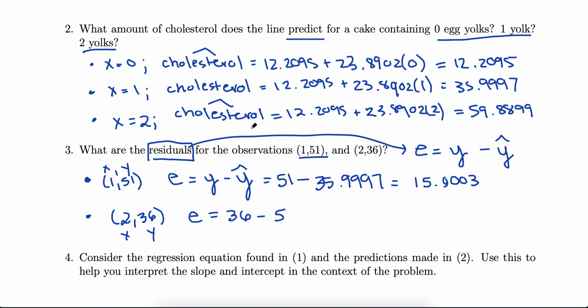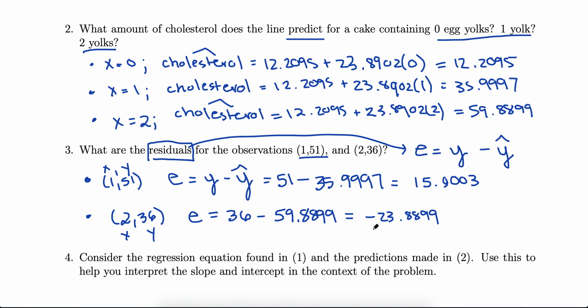When we plugged in 2, we got 59.8899. And if you do that subtraction, you're going to get negative 23.8899. You might see this negative and worry, but no need to worry here. That negative simply means the data point falls below the line.